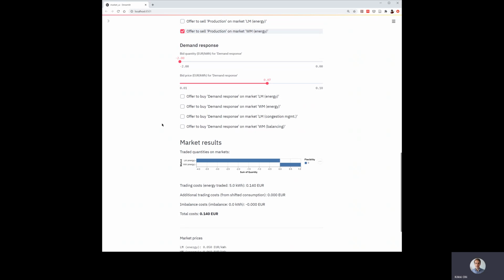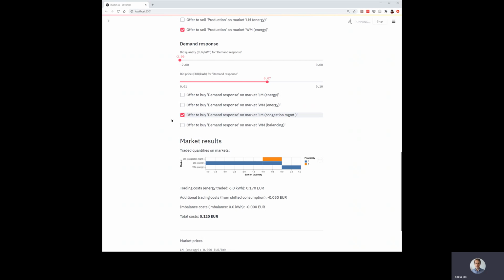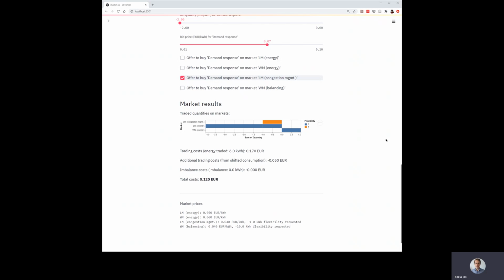For the demand response, we can offer to buy more energy on the local market if it is offered at a low cost. So in this case, the local network needs only 1 kilowatt hour for this specific node where this resource exists.